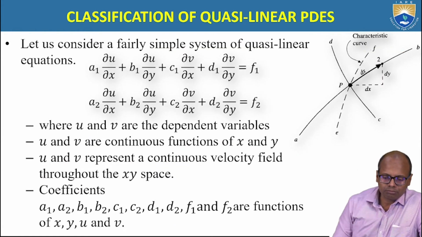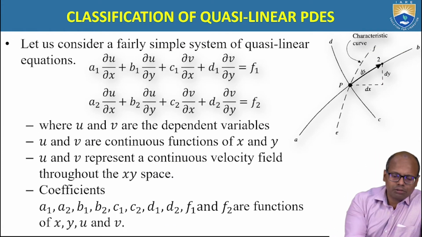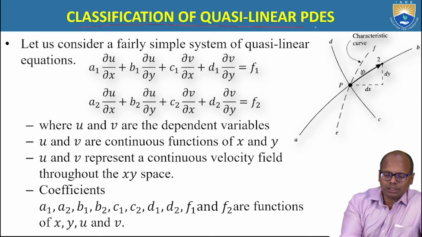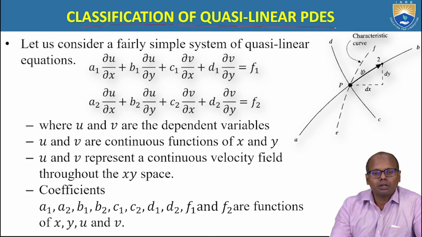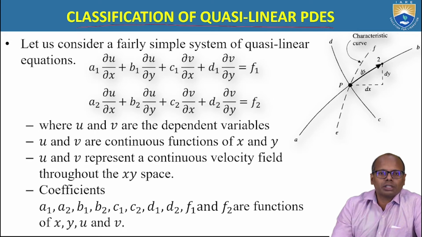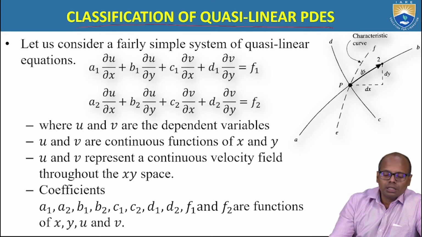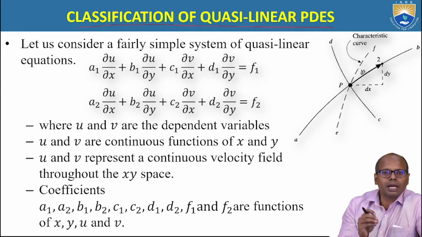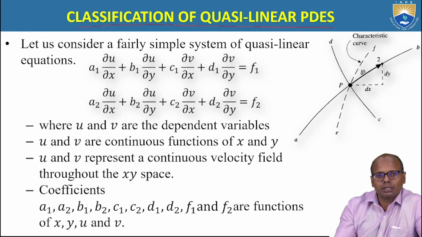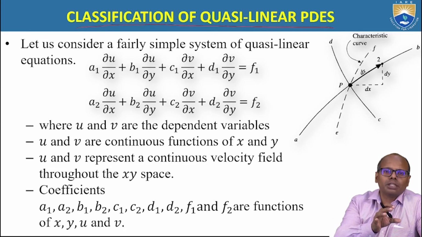Now here we have to classify the quasi-linear partial differential equations. Why do we have to classify them? The classification here is based on the mathematical behavior. If I find the solution of a partial differential equation, then the solution must follow the mathematical behavior of the equation.